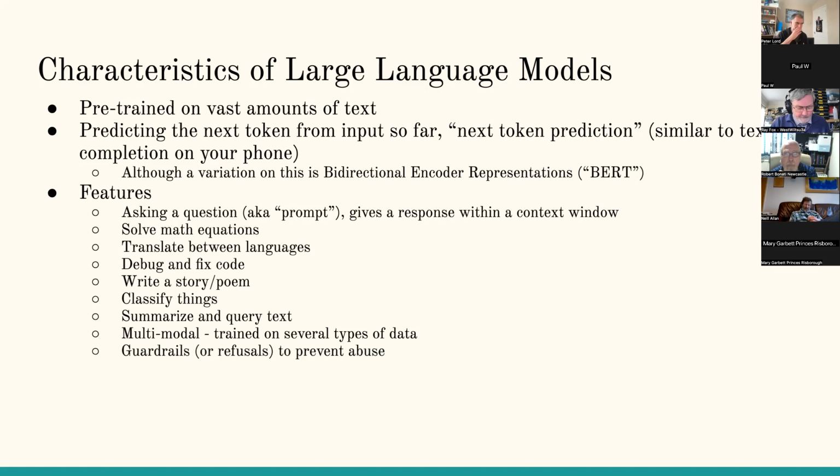A big feature of these large language models is guardrails or refusals. Now, if you train your large language models on everything you find on the internet, and you type in a question like how to make a nuclear bomb, then if it's been trained on that, it will tell you.